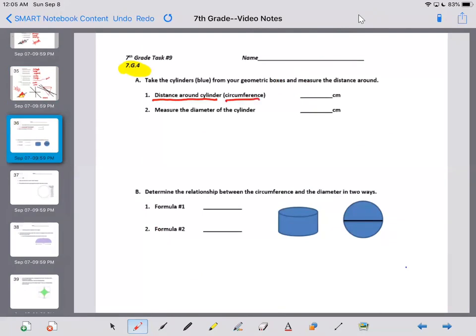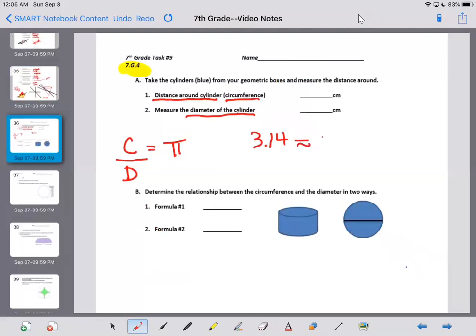And then if you measure the diameter of that cylinder, those two measurements, circumference divided by the diameter, will give you something that's approximately close, that's near the pi value. And we approximate pi as 3.14.